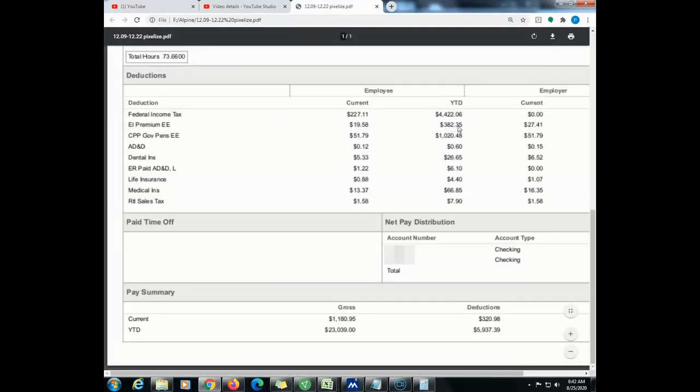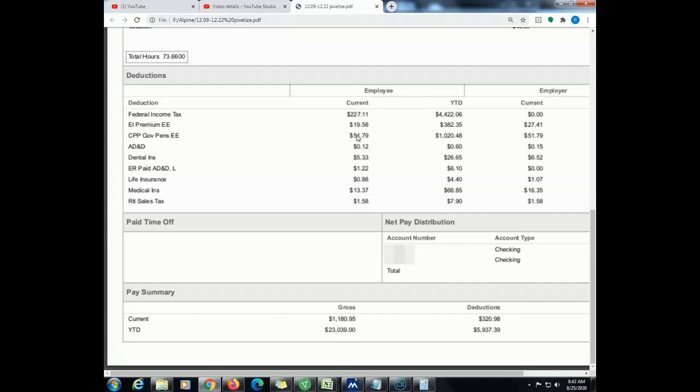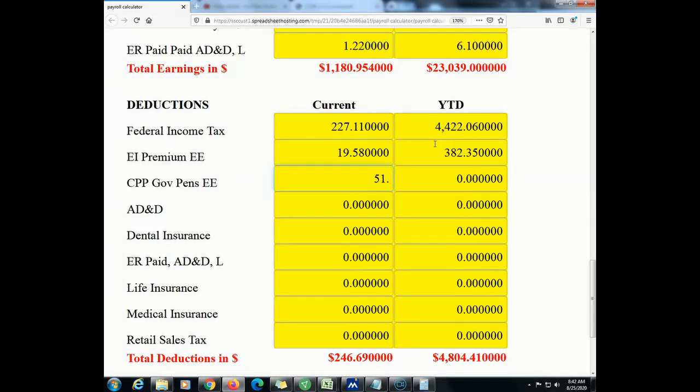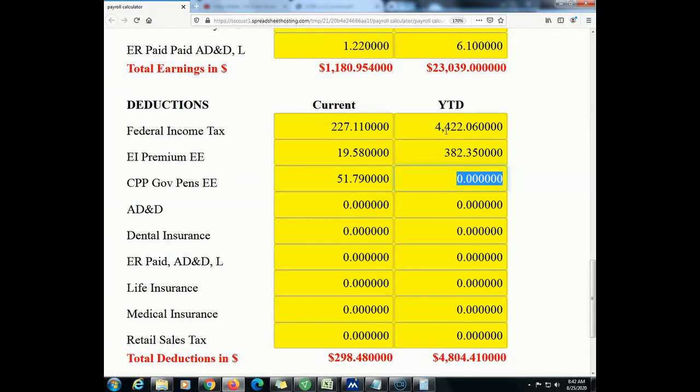Year to date, $382.35. CPP government pension, $51.79. Year to date, $1,020.48. For all these three figures, you may use the payroll deduction tables on the Canada Revenue website or the payroll deduction calculator to figure them out.